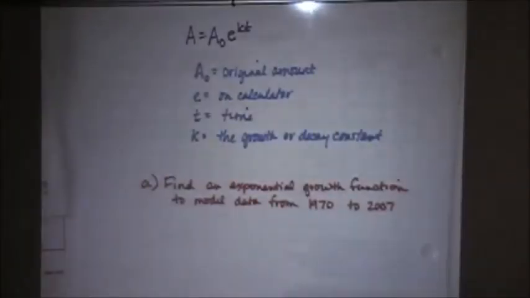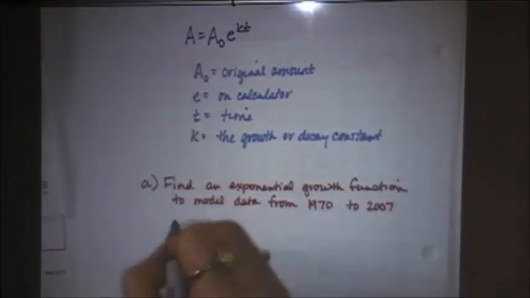I know you can't really see that. That's okay, I'm going to give you the values. But this first year on the bar graph is 1970, and it tells me the population then. And then here's 2007, and it tells me the population there. So you might have one like that on your computer assignment. So in this case, they've given me the original amount, or the amount in 1970, because that's the first year that they gave me available.